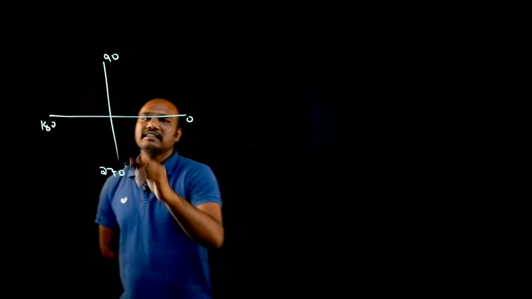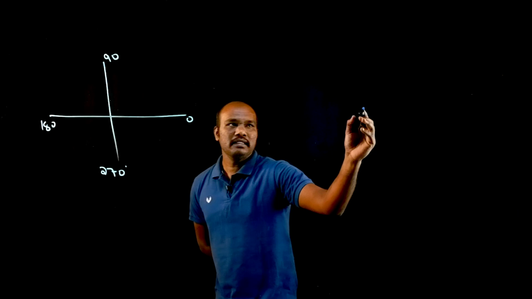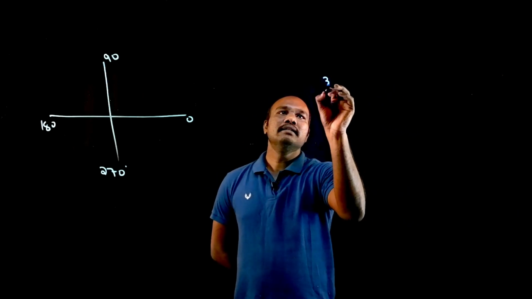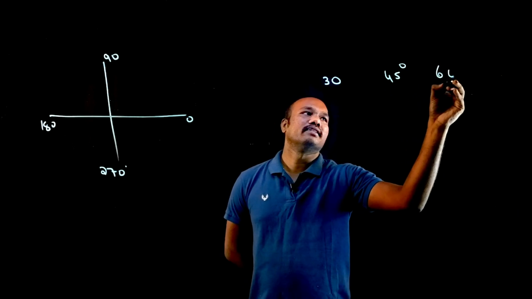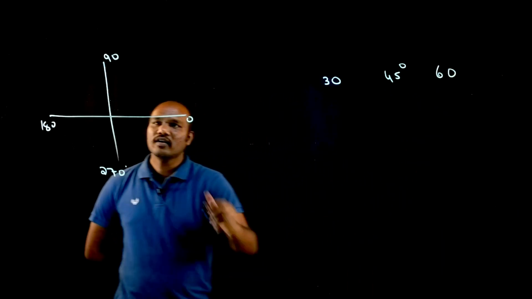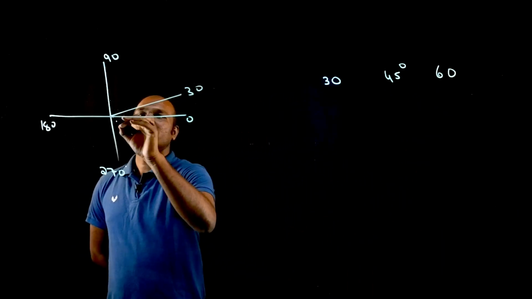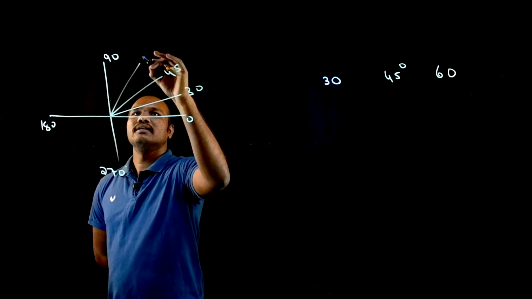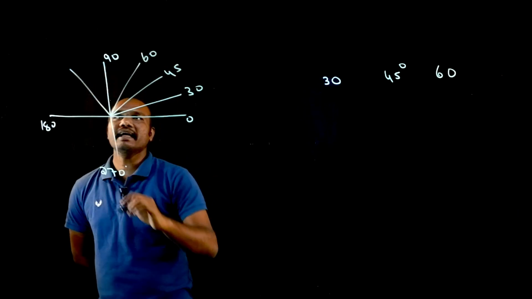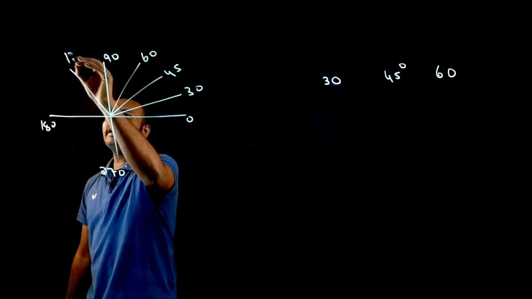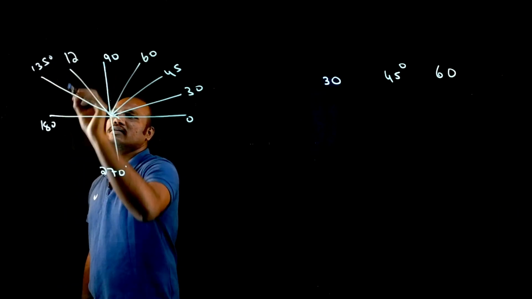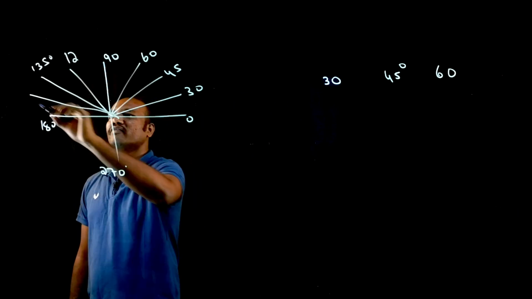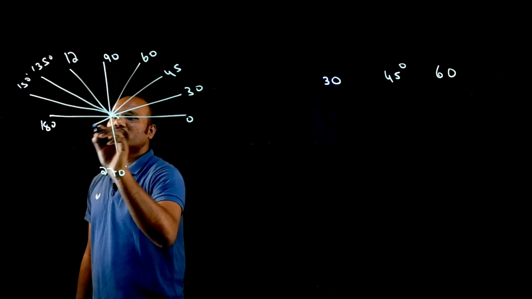The most important angles are 30, 45, 60. If I draw those, from here how will I get 90 plus 30? 120, you know the drill. 120, 135, next 150. Again, you know the drill.